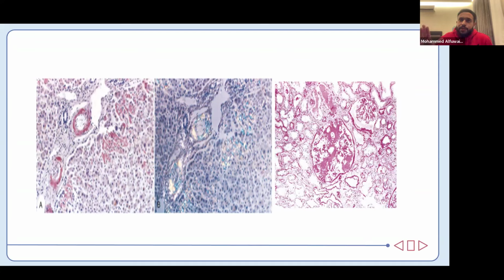You have multiple types of amyloidosis, primary, secondary, localized and so on. Don't worry about that. What you do need to know is how to identify amyloidosis, which is through the stain. It will give you the Congo red stain 100%, showing apple green birefringence. This is amyloidosis causing nephrotic syndrome.